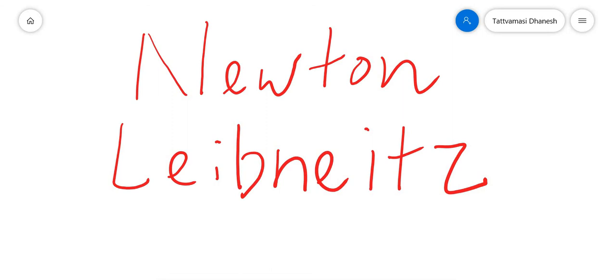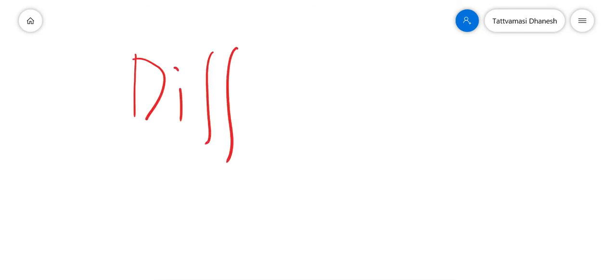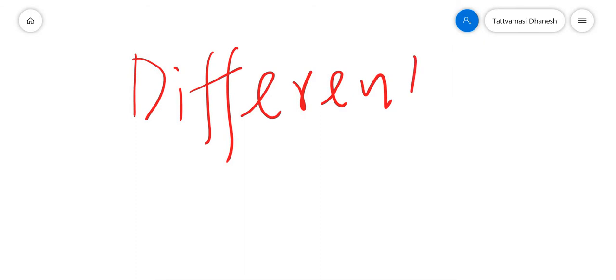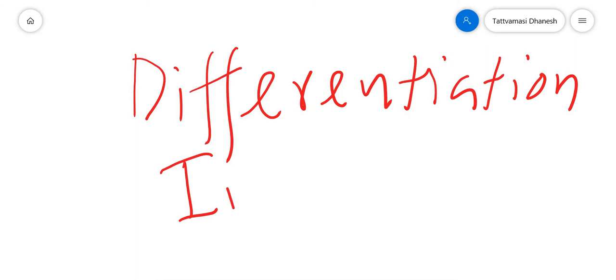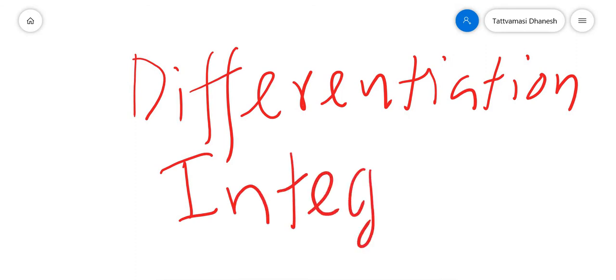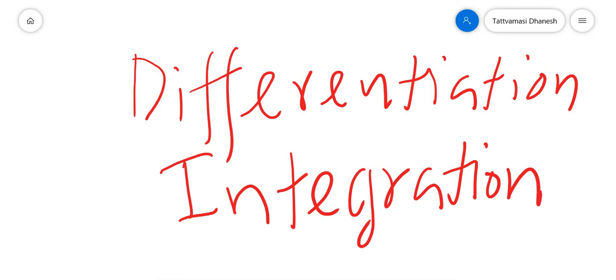In calculus, there are two main sections. One is differentiation, then integration.